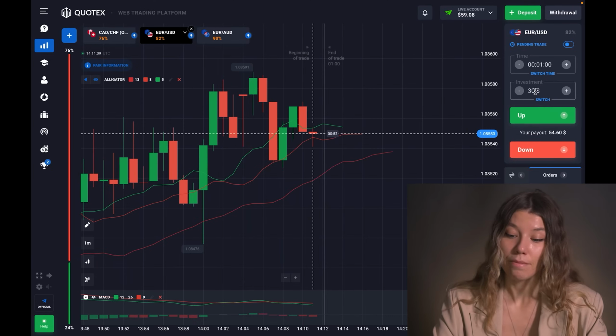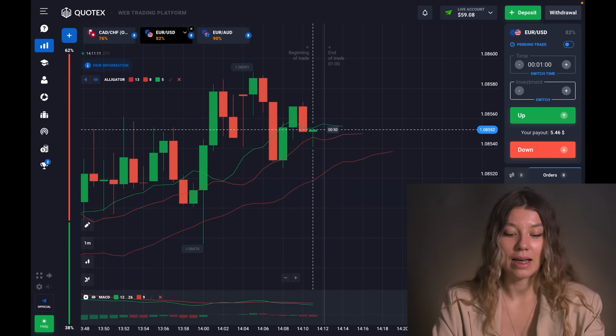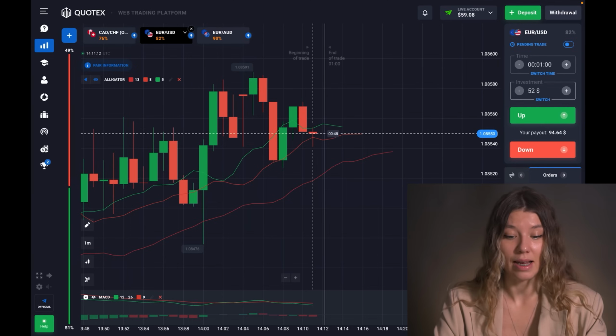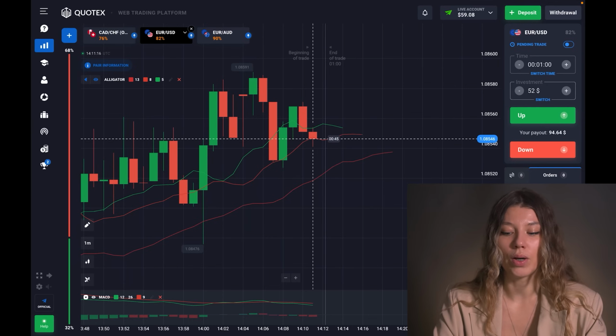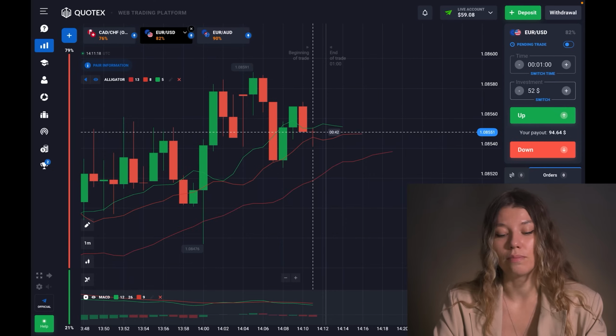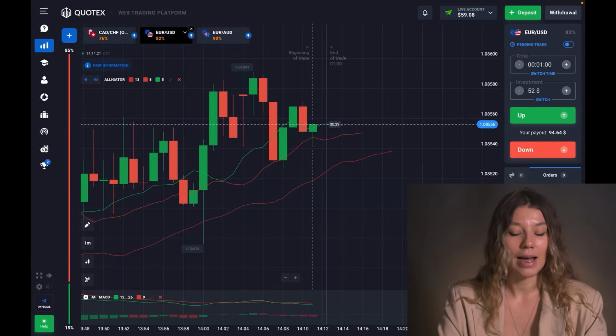I can see a pretty good entry point right here, and I will invest my $52. Not all my wallet, but here I will trade mostly with 90% of my wallet, friends. From this point be ready for put option, and let's go.